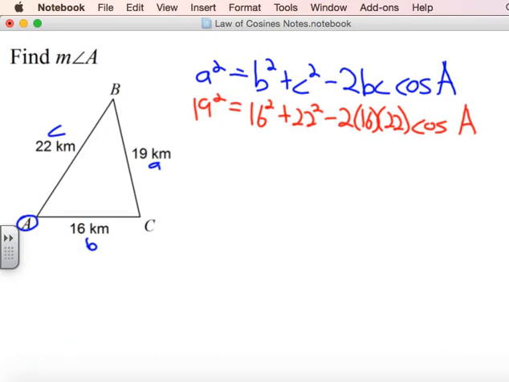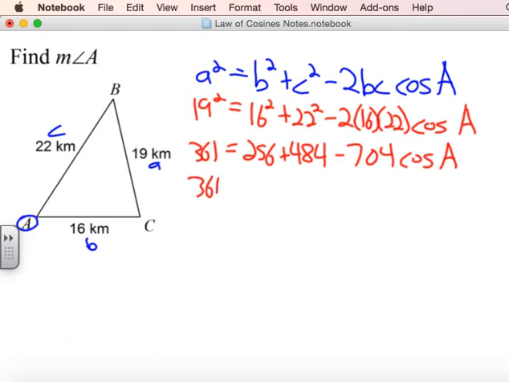All right, so then we're going to use our calculators, and we do 19 squared to get 361. 16 squared is 256, and 22 squared is 484, minus 2 times 16 times 22 is 704 cosine of A. All right, so now we're going to add these two together. 256 plus 484 is 740, minus 704 cosine of A. Okay, so now we just got to solve this.